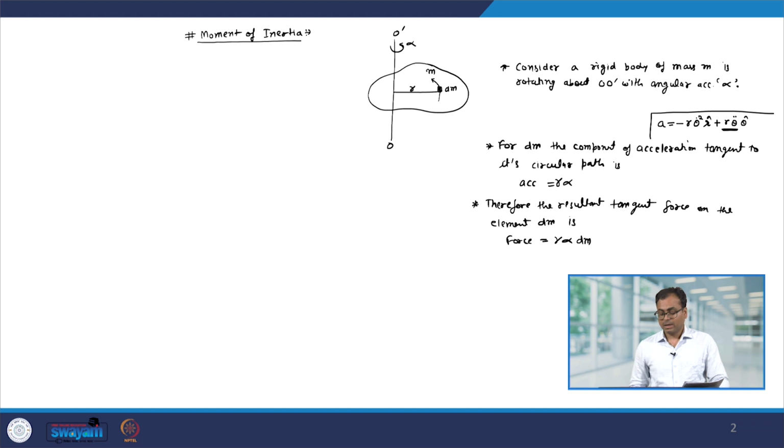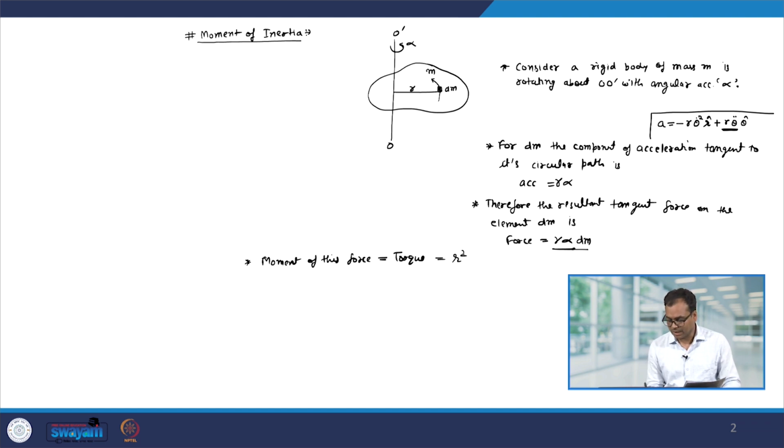Now, let us calculate the torque that is acting on the mass dm, or the moment of this force. The moment of this force, which is also called torque, is equal to, so we have to multiply this by r.